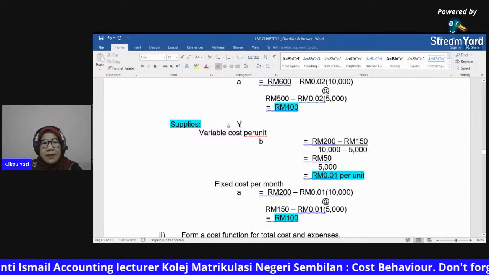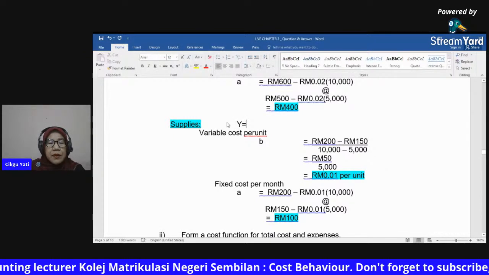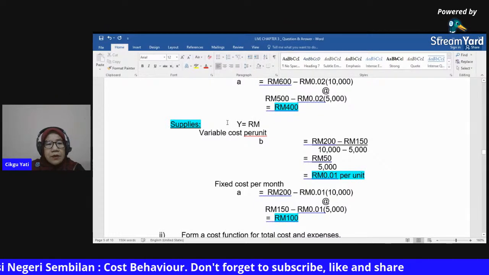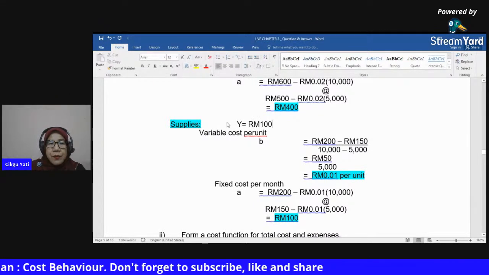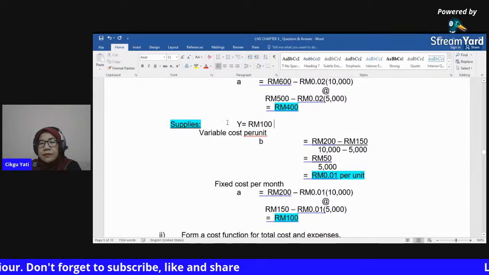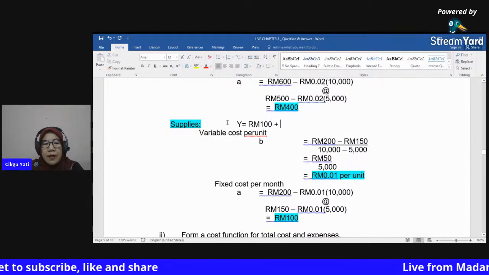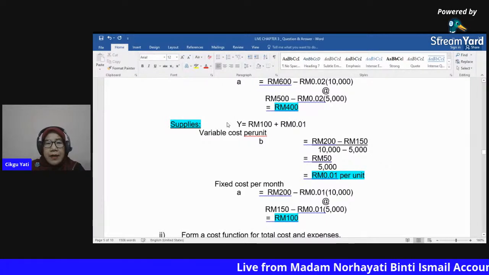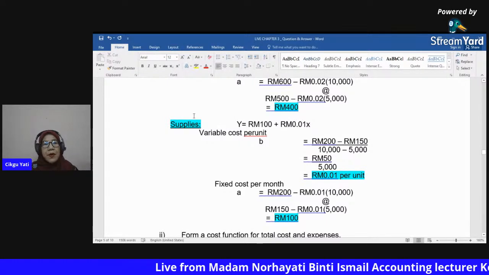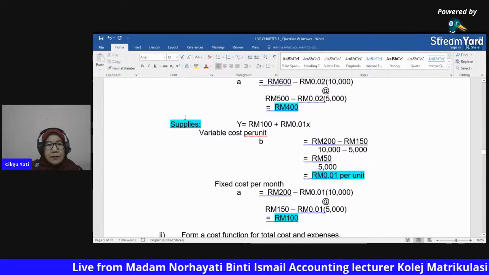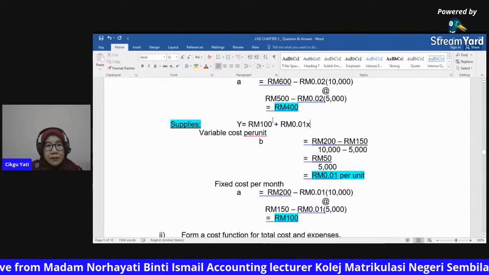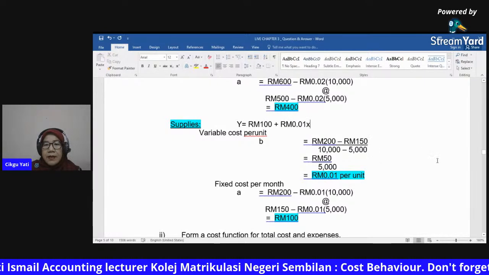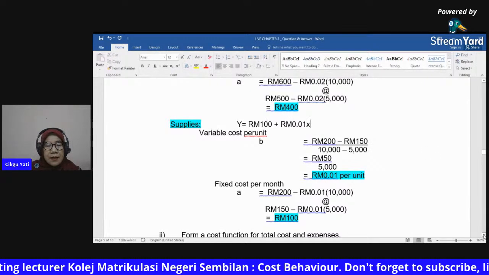I just told you the cost function represents the total cost. Total cost, you substitute for fixed cost plus RM 0.01x. Okay, this is the answer for supplies. So they have fixed cost and variable cost. Okay, now we look at the next one.